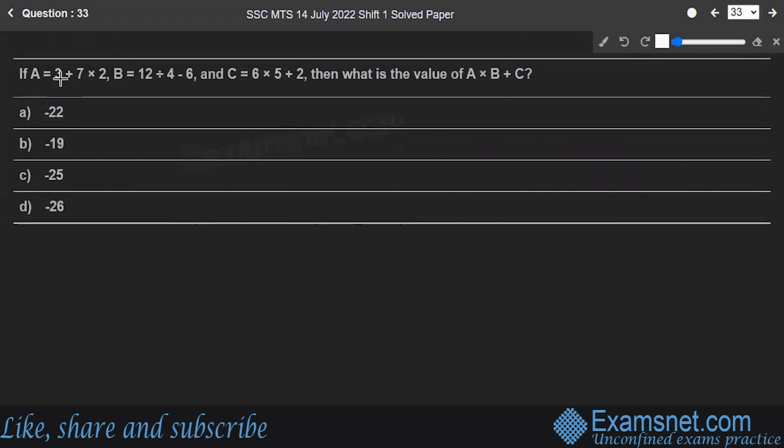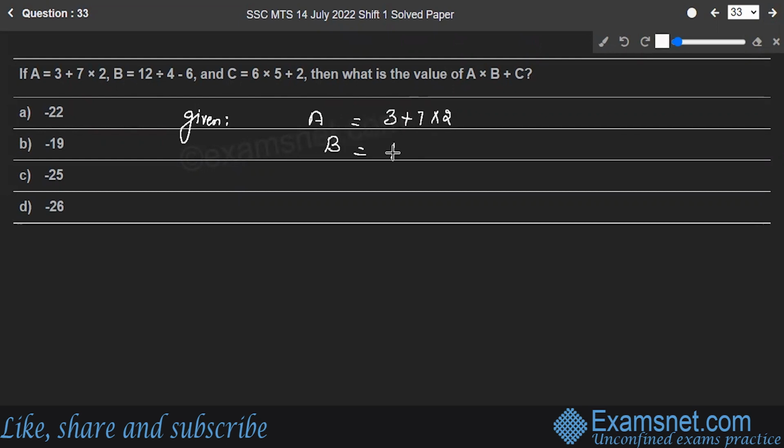It says if A is equal to this expression, B is equal to this expression, C is equal to this expression, what is the value of A multiplied by B plus C? So let's write them down separately so that they can be clear. You are given A is equal to 3 plus 7 multiplied by 2.